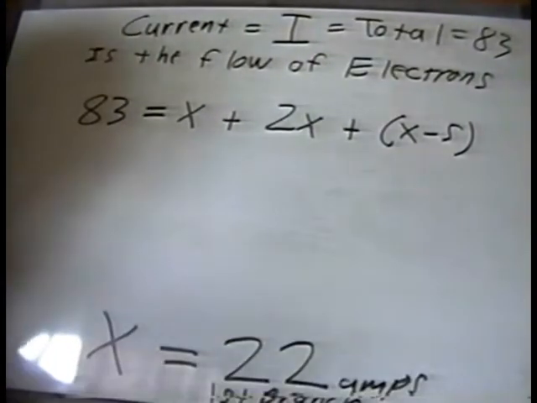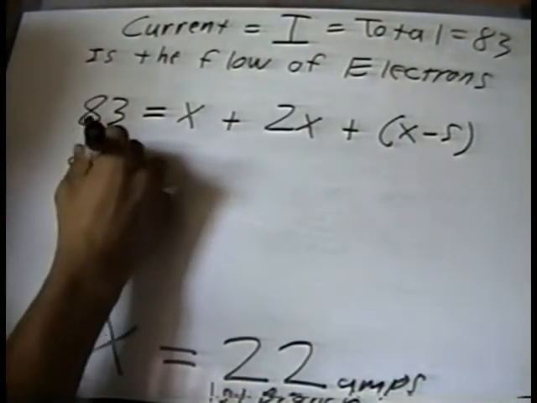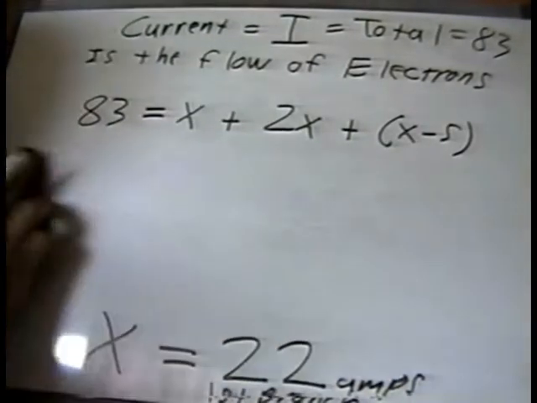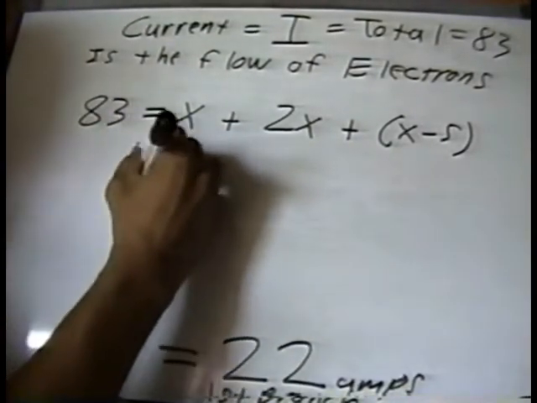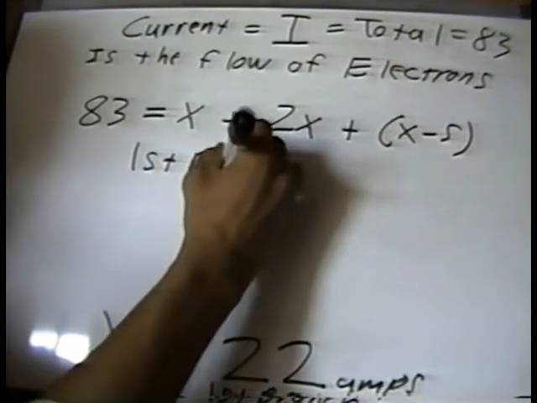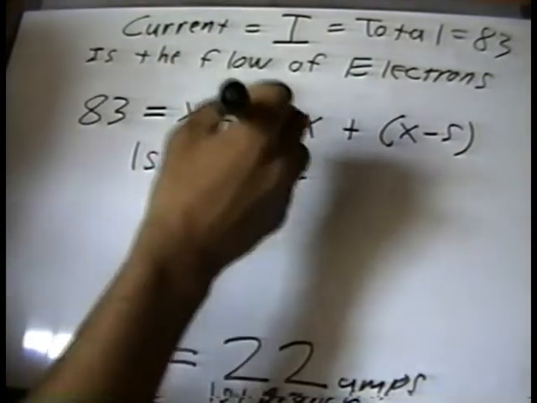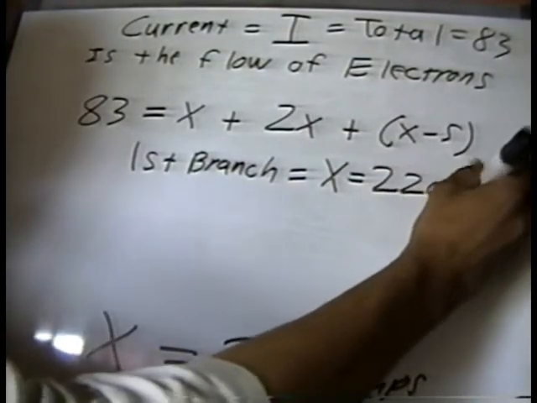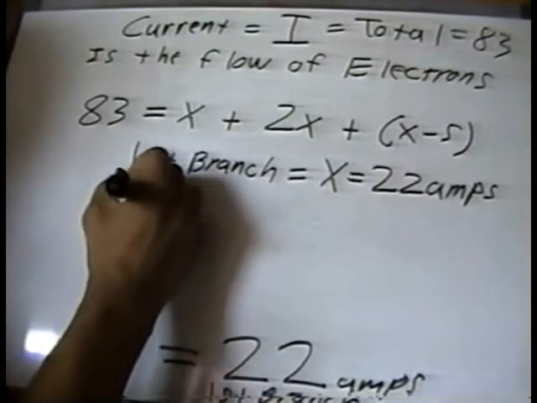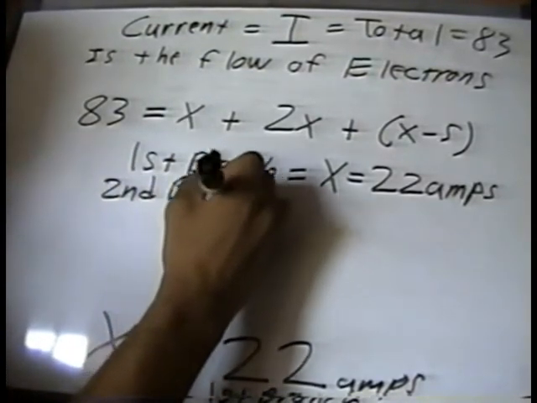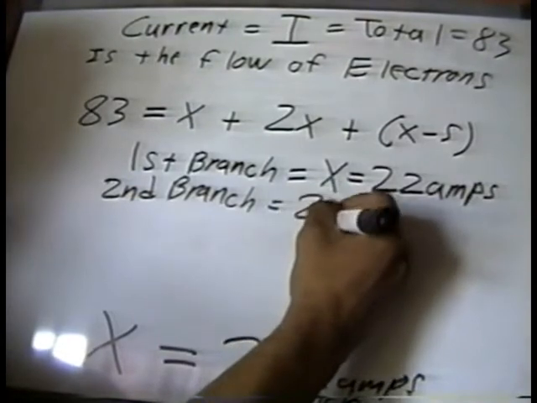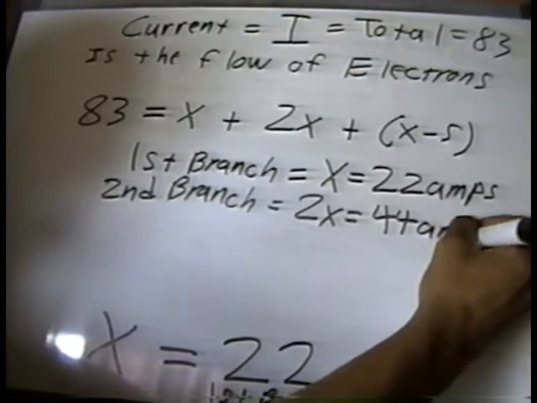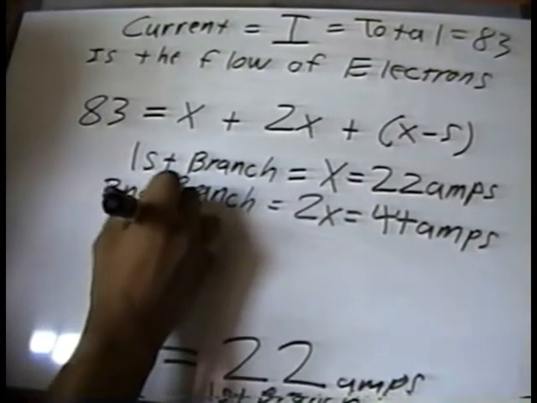Now the problem asks us to find the amount of current in each branch. So we have to go back to our equation and plug in the value that we know now for x. And then we'll know the value of each. For example, the first branch is x, which is 22 amps.